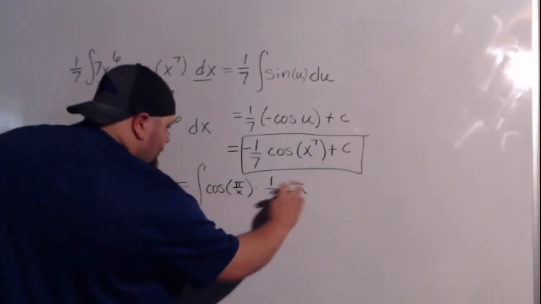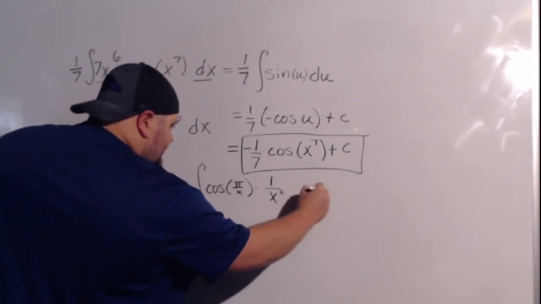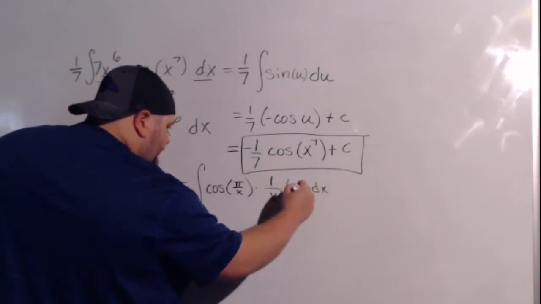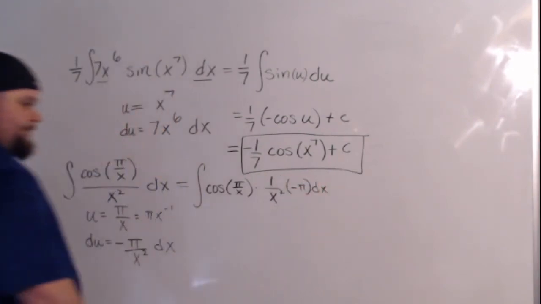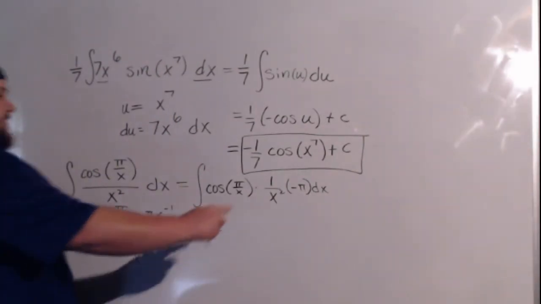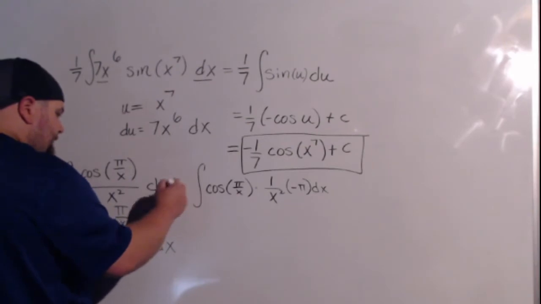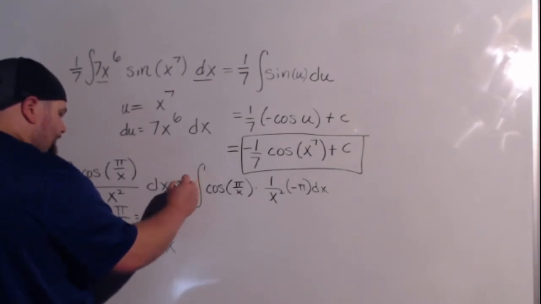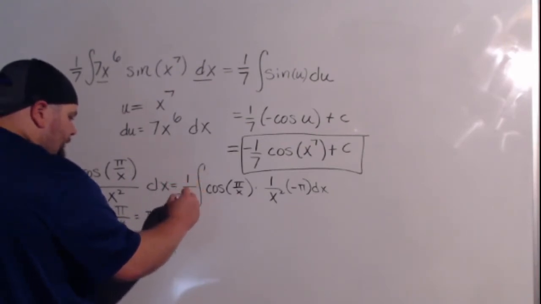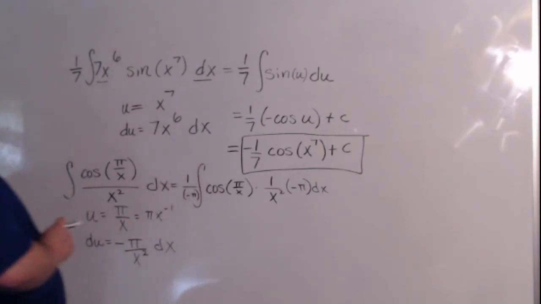So inside here, I would multiply by minus pi. But I'm not allowed to just do that. I have to do the reciprocal on the outside. So over here, I have to multiply by 1 over a negative pi.